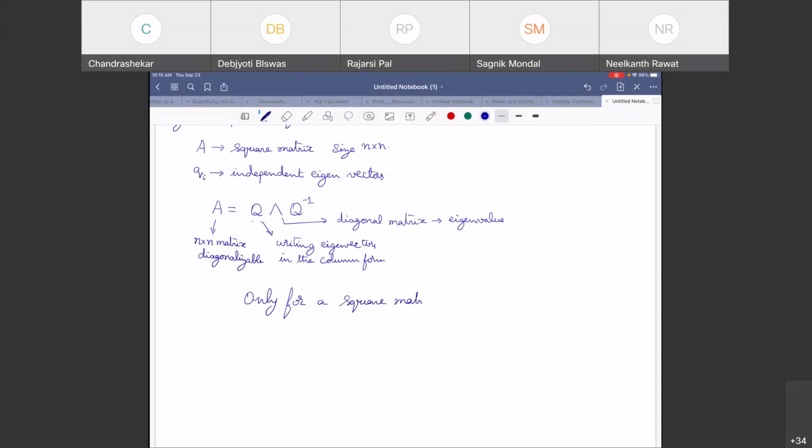Our natural question would be: what happens if we do not have a square matrix?